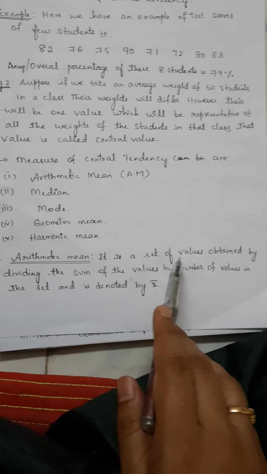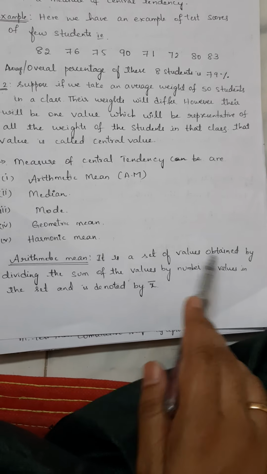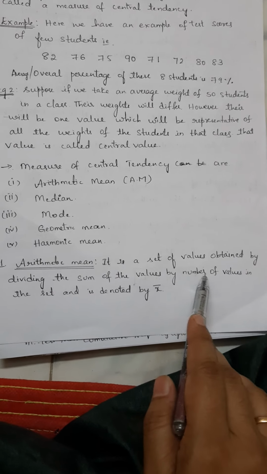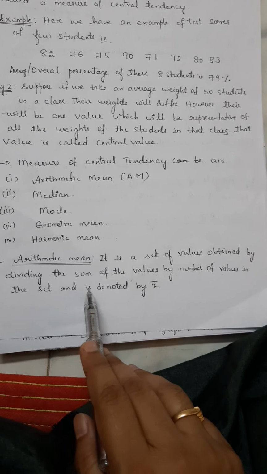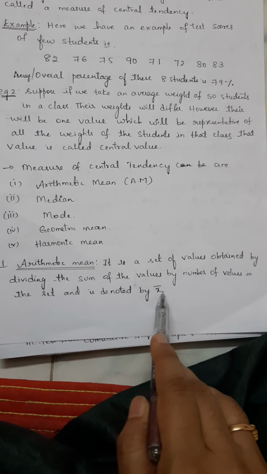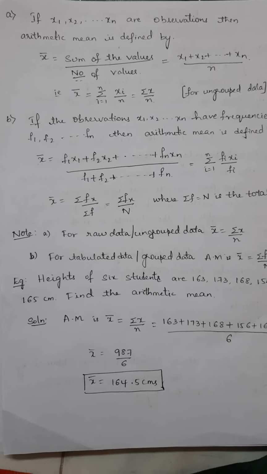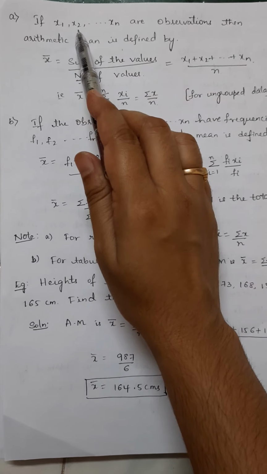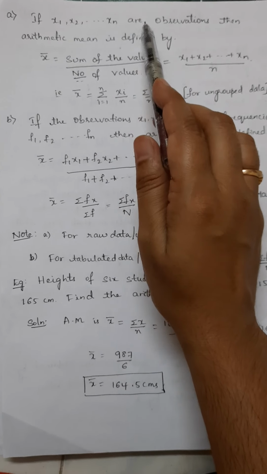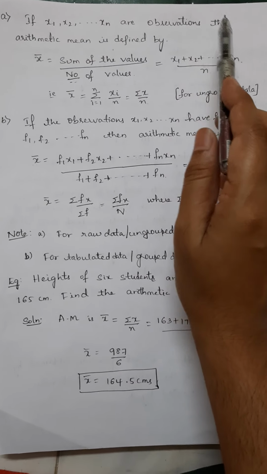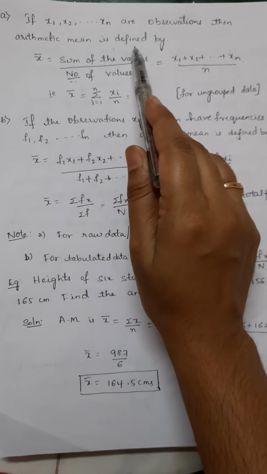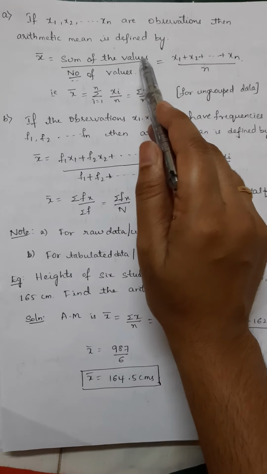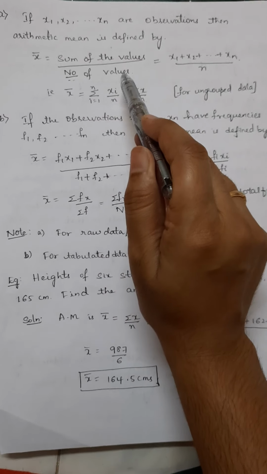It is the value obtained by dividing the sum of the values by the number of values in the set, and it is denoted by x bar. For example, if we have a set of values x1, x2, x3, etc., xn, or a set of observations, then the arithmetic mean is defined as x bar equals the sum of the values divided by the number of values.